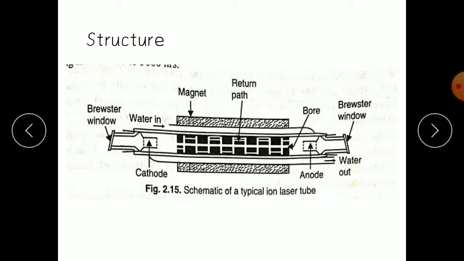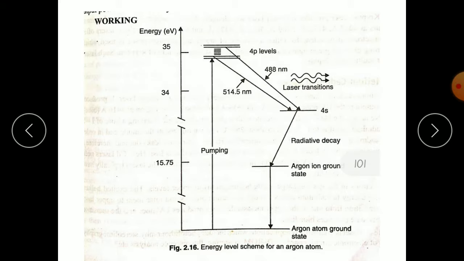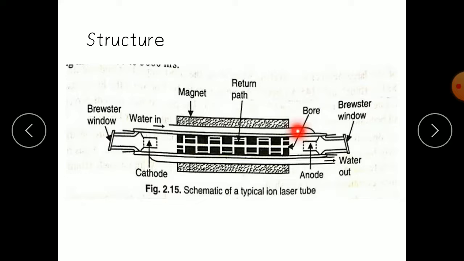Now next we will see the working of the argon ion laser. When electrical discharge is provided from the cathode and anode, an electrical spark is produced, which ionizes the gas.